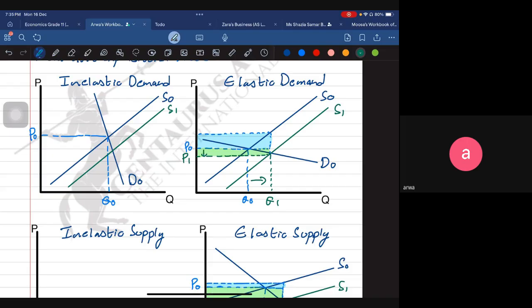This is going to be S1, and this is showing the new point Q1. And now from here, I am going to move it upwards.